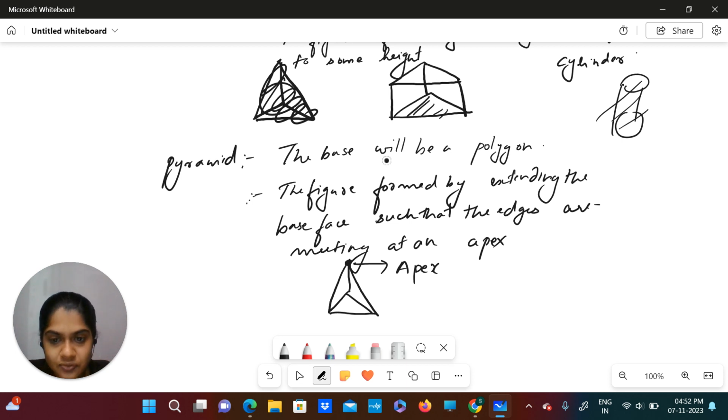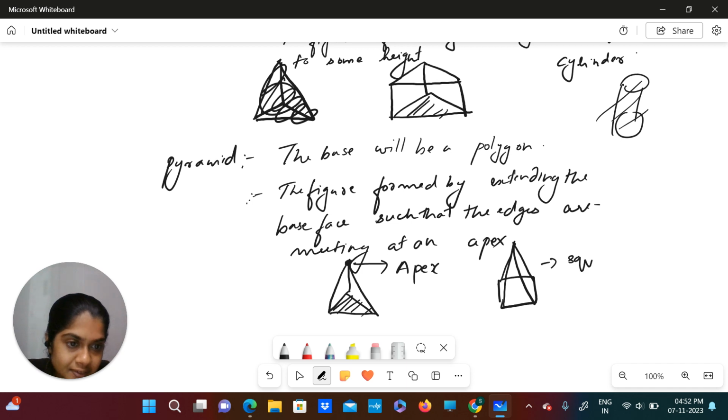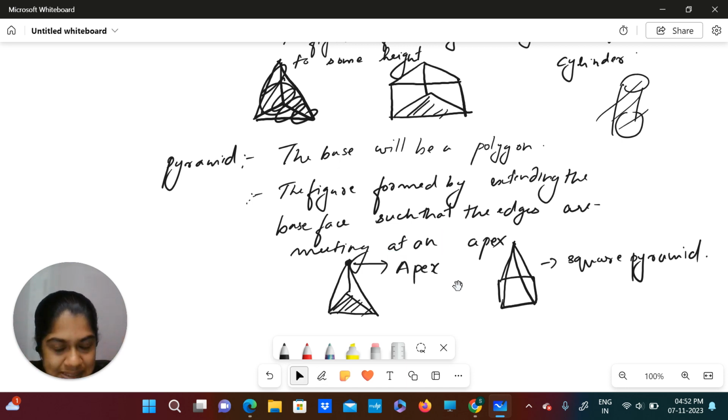Based upon the base face, this is a triangular pyramid. If the base is a square like this, it is a square pyramid. If it's a rectangle, it's a rectangular pyramid. So depending upon the shape of the base only we are naming it. Okay, so I hope it's clear.